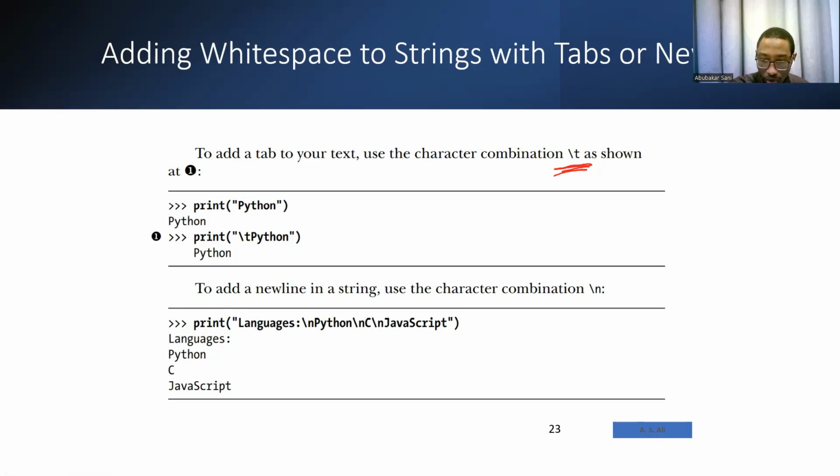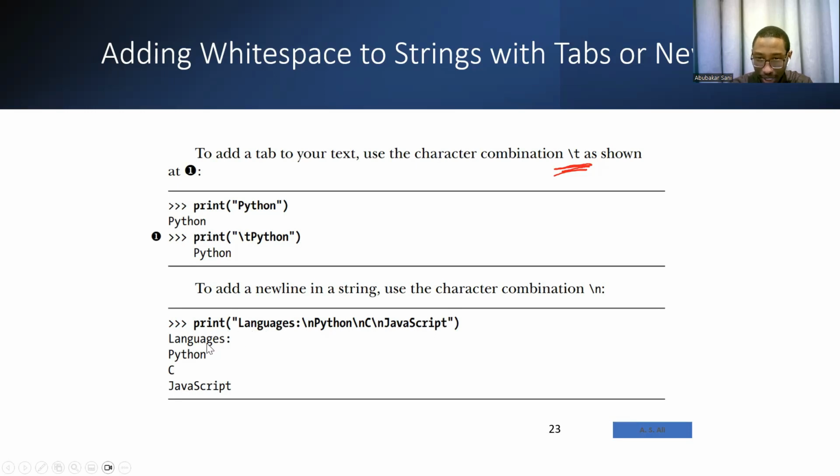Okay, so you can also add a new line in a string, which uses the character combination \n. Okay, in this case, you have print languages, then Python \n C \n JavaScript. So what did we have?